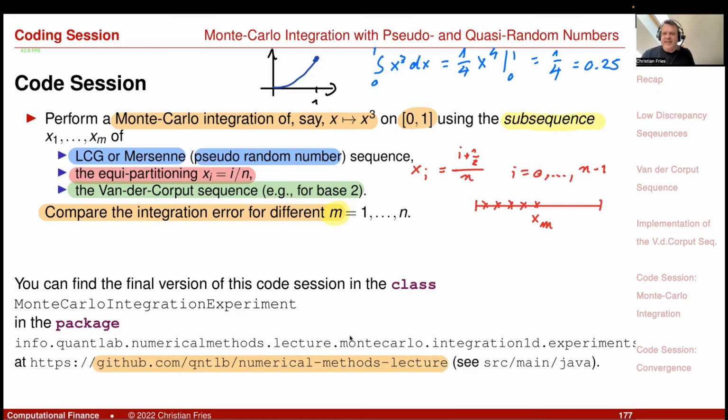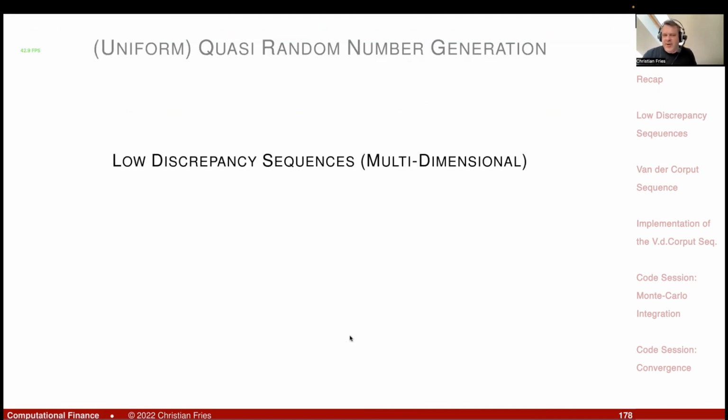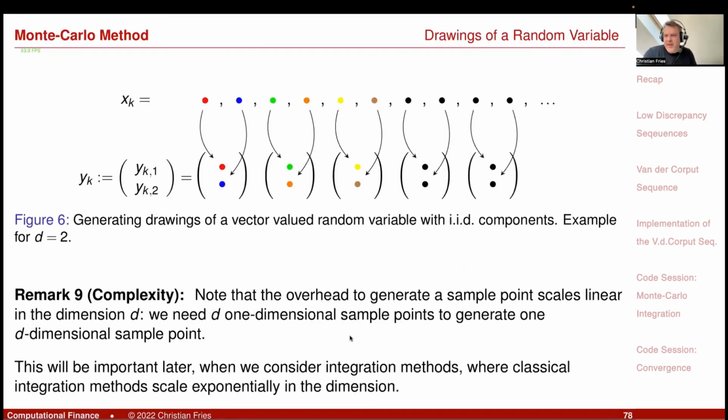And in the next session, I would like to discuss how we create low discrepancy sequences in higher dimensions, because this was only the example for the one-dimensional case. And if you go back in our lecture, here with the Monte Carlo method, we had this little part that from a one-dimensional sequence, I can easily generate a high-dimensional sequence by just populating the components.